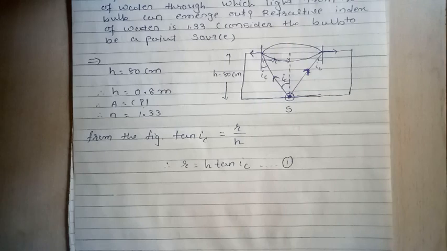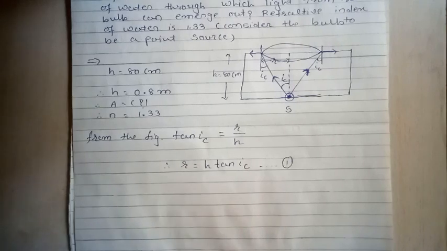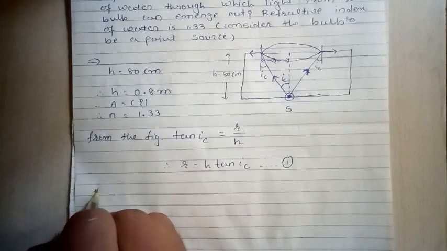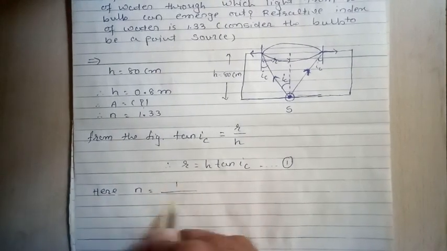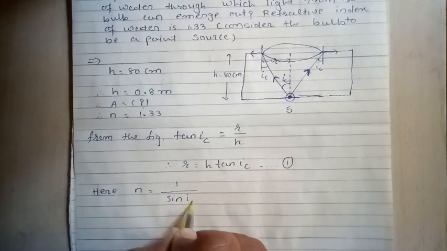We know that the formula of critical angle by Snell's law, n is equal to 1 upon sine IC, or 1 upon sine C, right? So C or IC, this is the critical angle. So from the formula we can say that n is equal to 1 upon sine C or IC.